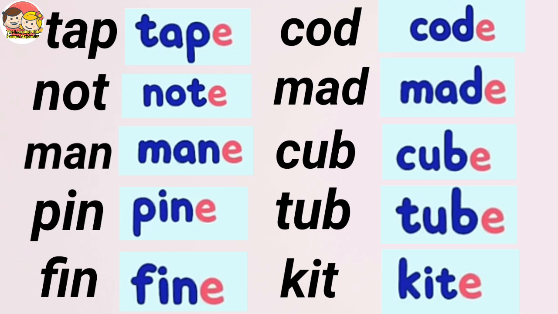Shh. So the magic E or the silent E changes the short vowel sound into a long vowel sound.